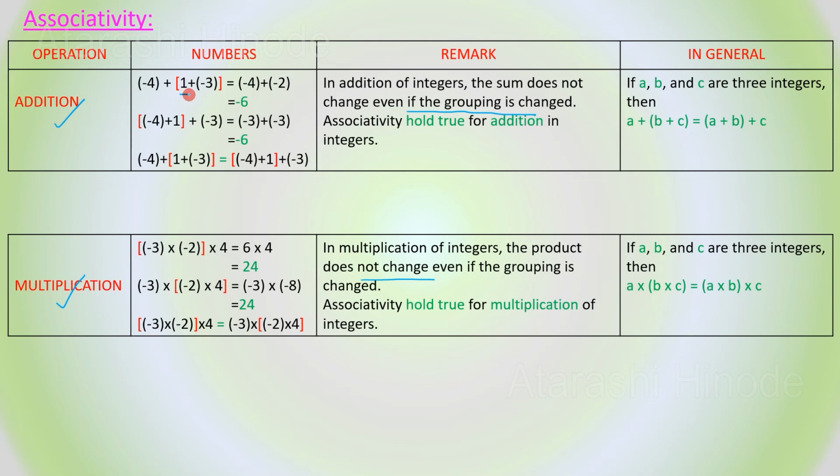Here 1 and minus 3 are grouped. 1 plus minus 3, it is minus 2. Minus 4 plus minus 2, we get minus 6. Here minus 4 and 1 are grouped, yet we get the same answer. So we can say addition and multiplication are associative for integers.